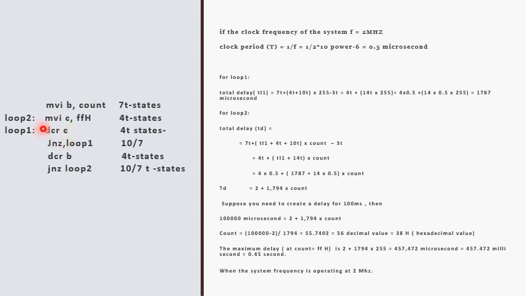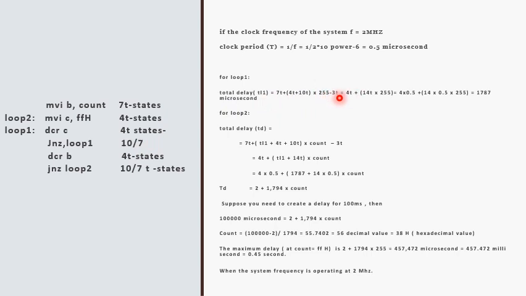So total delay T1 is equal to 7 T states plus, within the loop, 4 plus 10, 14, into the count value 255. FF is being loaded, the maximum count, 255, minus 3. That is, once it comes out of the loop, the next instruction is going to take 3 states, so minus 3 T states.